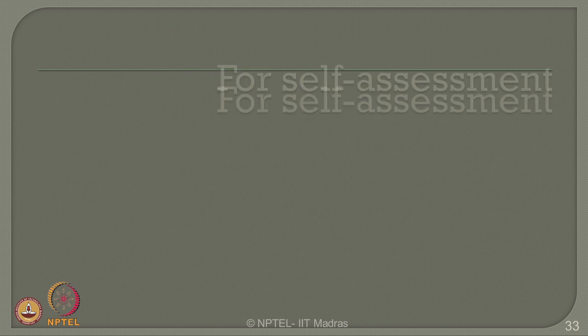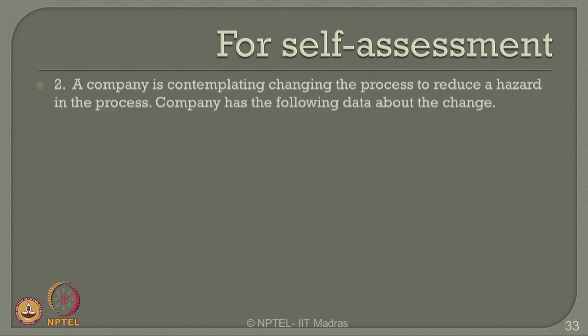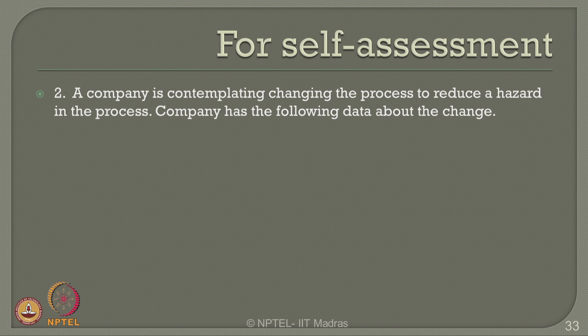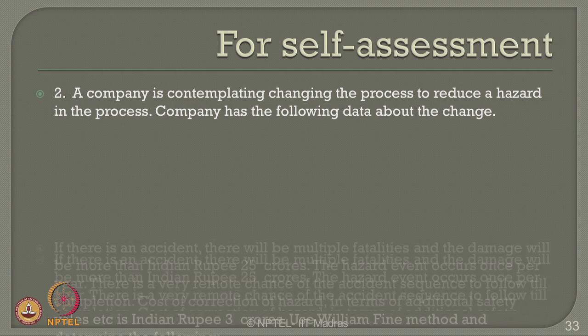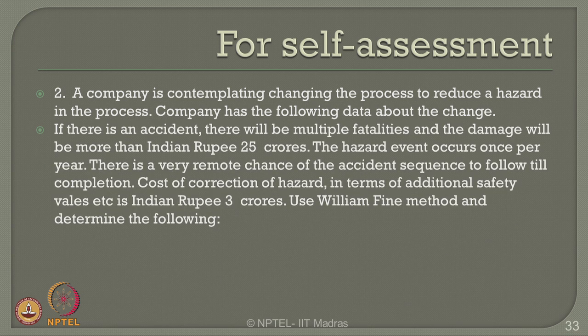Let us look at the next question for self assessment. A company is contemplating changes to the process in order to reduce hazard in a given process system. The company has the following data about the change. If there is an accident, there will be multiple fatalities and the damage will be more than 25 crore Indian rupees.